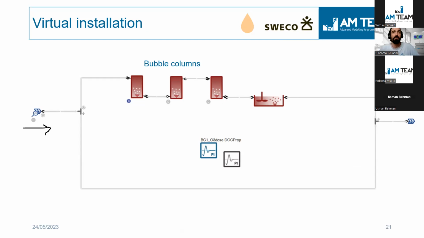What we see in front of you is really the virtual pilot plant in which the flow, the water matrix, goes in through bubble columns, in which the ozone dose can be delivered. It can be designed in many ways in accordance with the client, and then the ozone dose can be delivered with many strategies like flow proportional, DOC proportional, and many others.